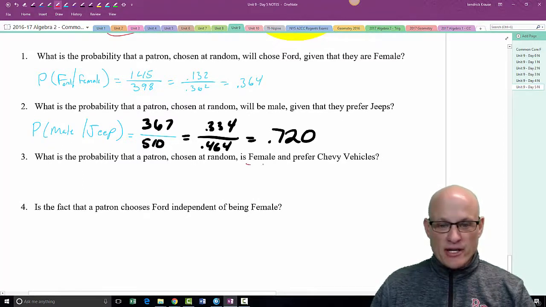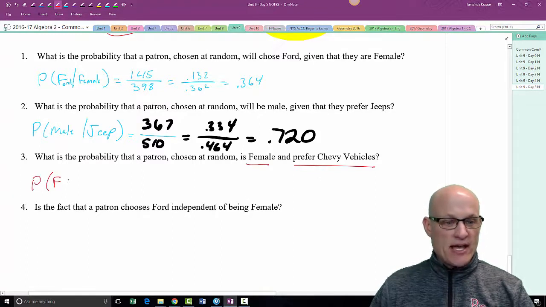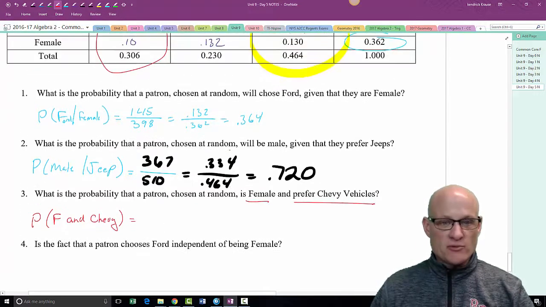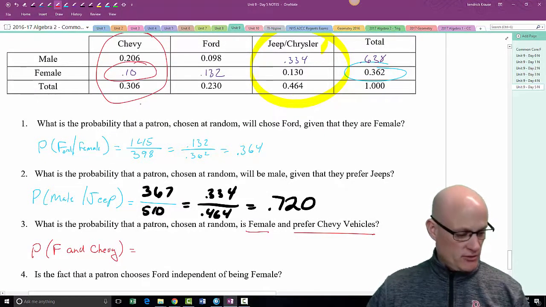The question is: what is the probability I am female and prefer Chevy vehicles? On this one, I can just read it. Female and prefer Chevy, it's 0.10.